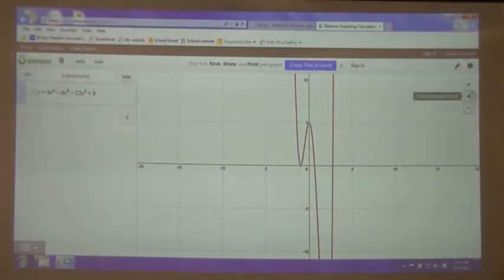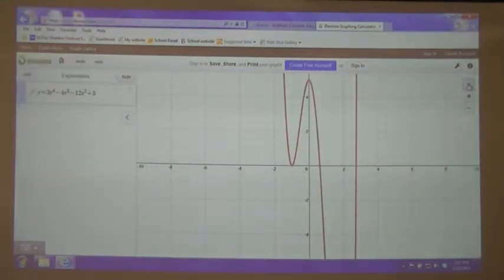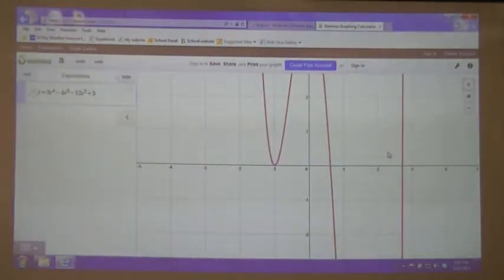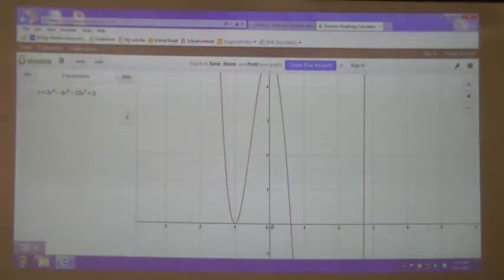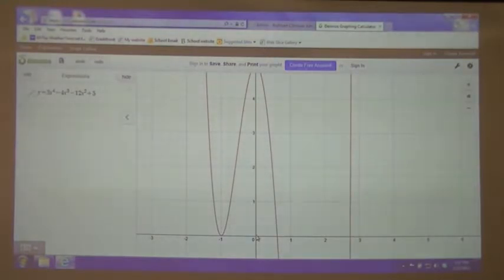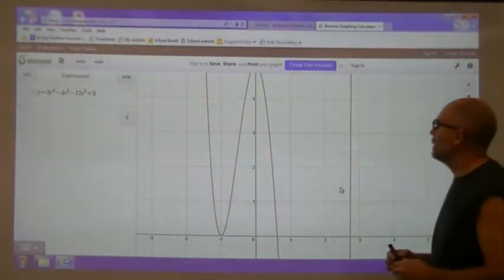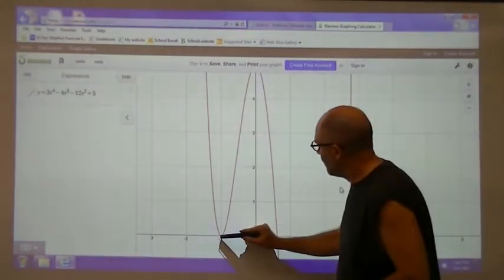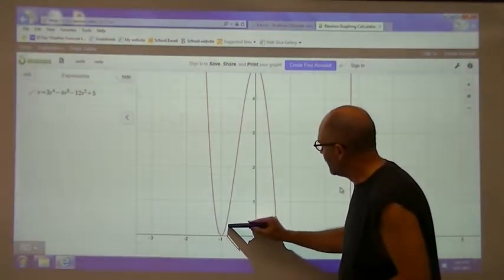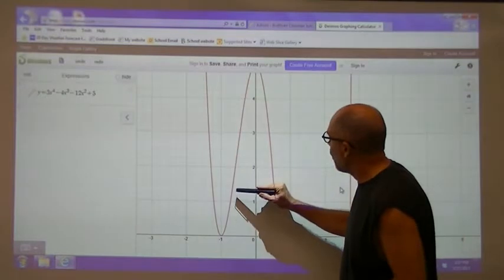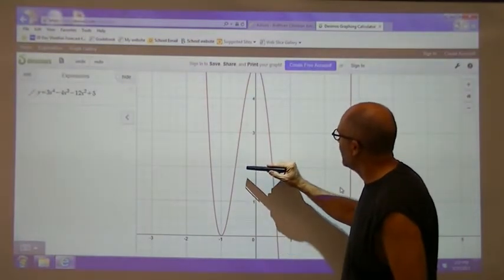We'll zoom in just a little bit. Okay, so I'm coming from here and it's getting steeper and steeper and steeper. Now, when does it stop getting steeper?